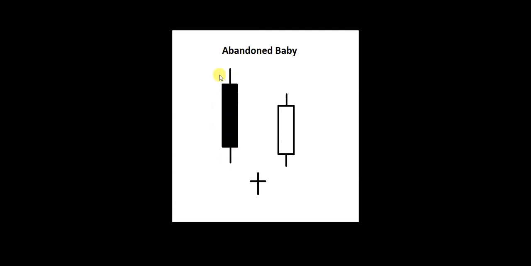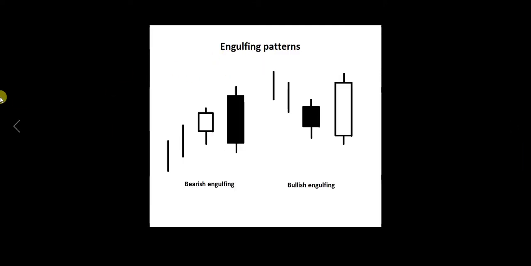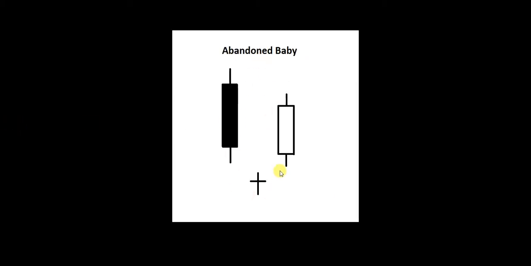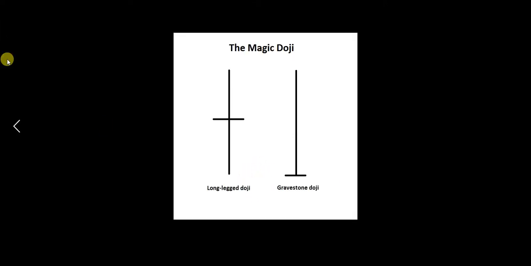This type of pattern is a form of bearish engulfing, which I'll teach you in the next slide. And this is a doji. No matter which doji it is, it can be long-legged or gravestone, it doesn't matter.